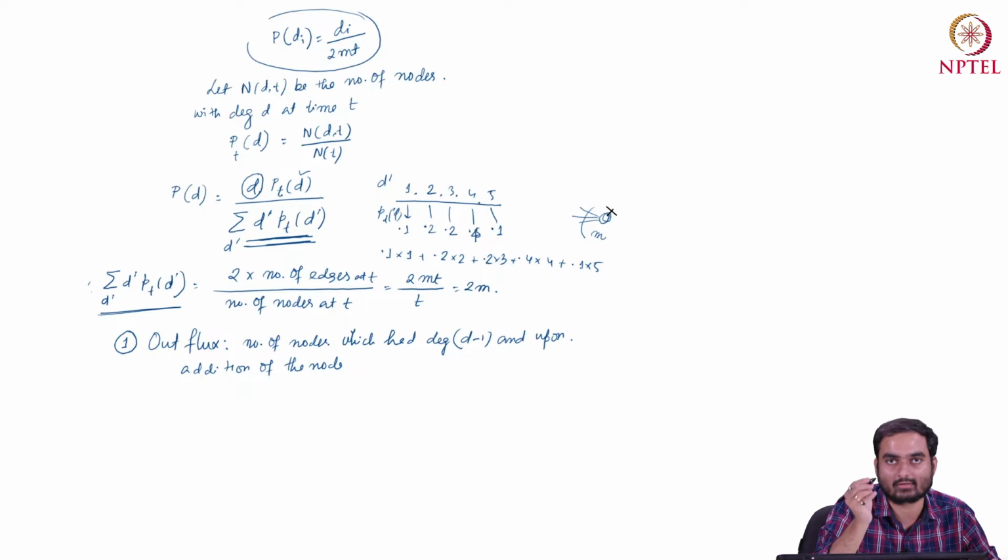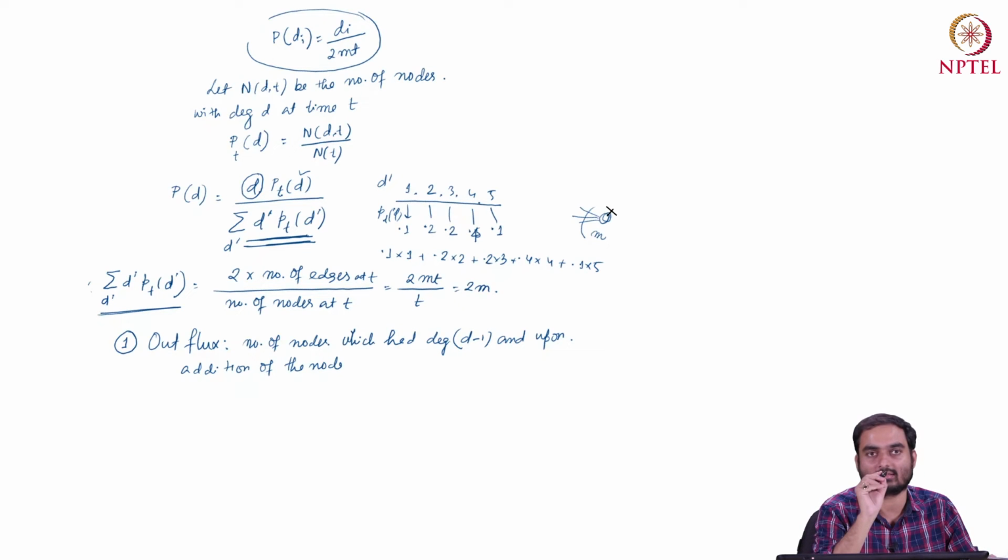So when a particular node is added, the degree of other nodes will change. Now we are interested in only those nodes whose degree is d. So when a particular node is added to the system, what would happen? There are nodes which already have degree d, and due to the addition of this node, some of the nodes will acquire edges.